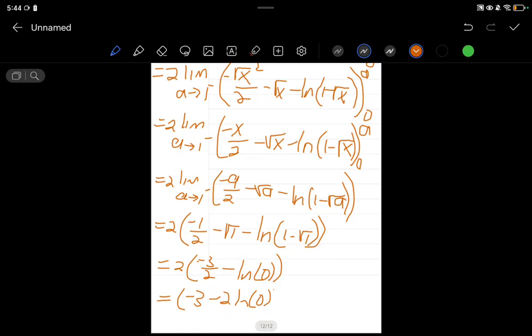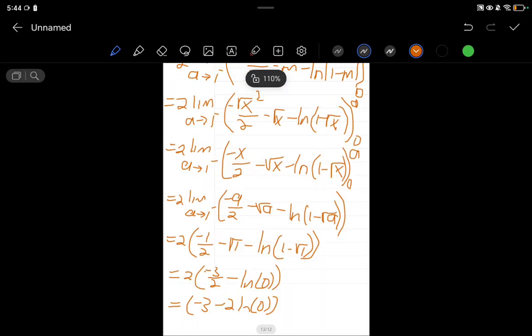And ln of 0 is what? What is ln of 0, guys? It's negative infinity, right? So if we plug in, okay, it's fine. We get minus infinity overall. So this thing diverges, you see, right? So we got that it diverges.